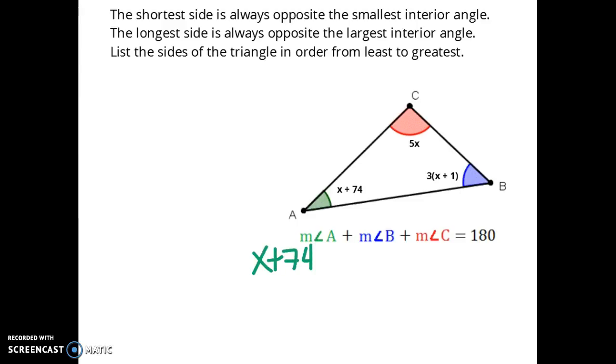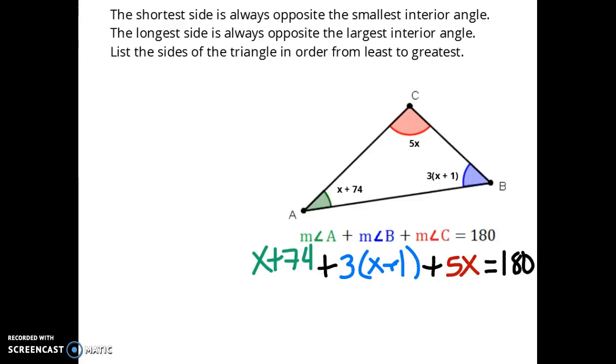B is 3 times x plus 1, and C is 5x. That adds to equal 180 degrees.